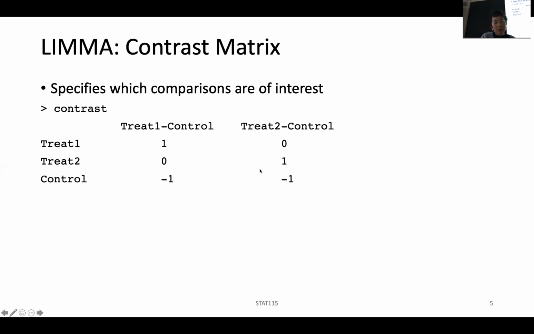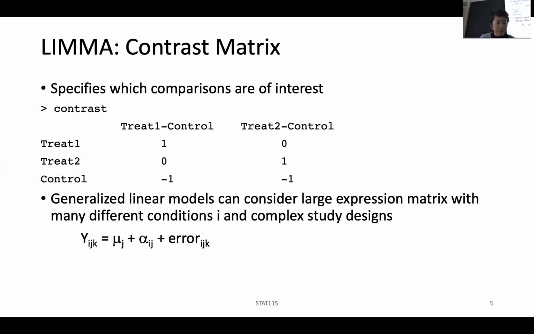And then if you want to say, okay, I want to do another comparison, which is a treatment number 2 compared with the control sample, then treatment number 2 will be 1, the control will be -1. And so basically in this contrast matrix, you can specify what type of comparisons you are interested in getting.